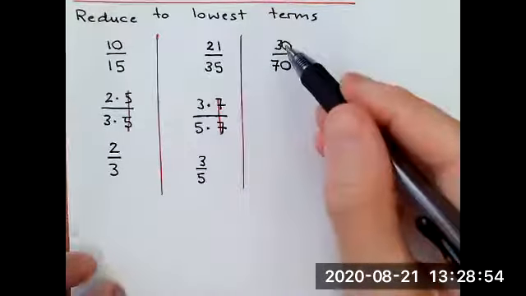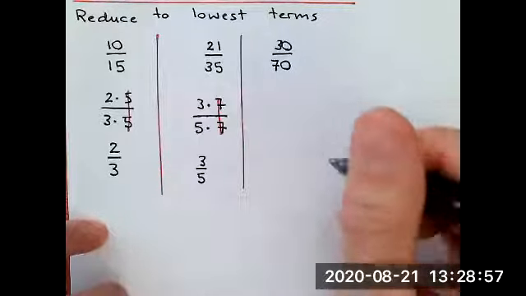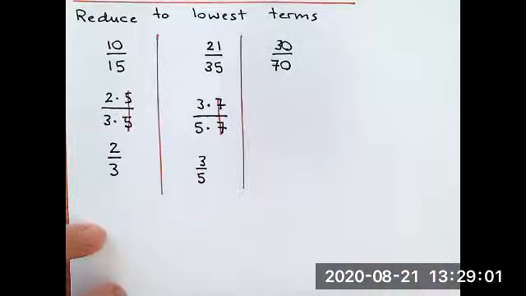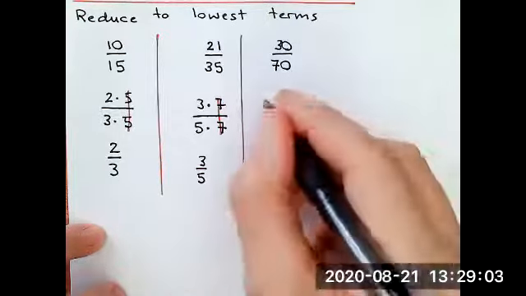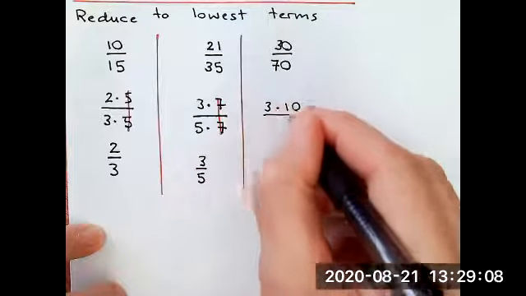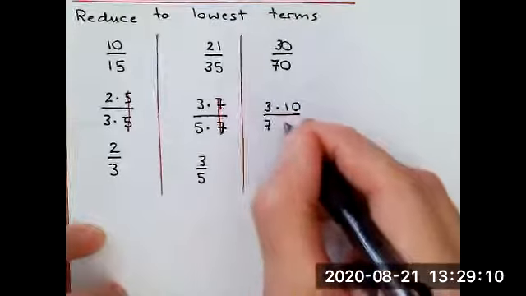Let's reduce 30 over 70. Now, some people like to say they're canceling zeros, and that's not really correct, because 30 is 3 times 10, and 70 is 7 times 10.